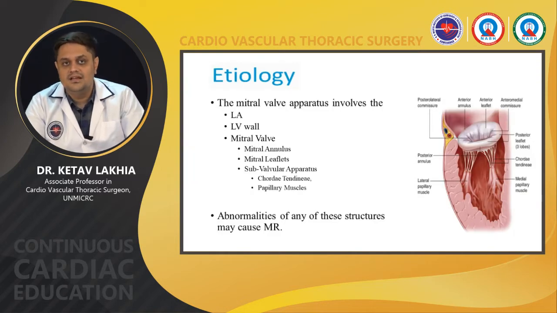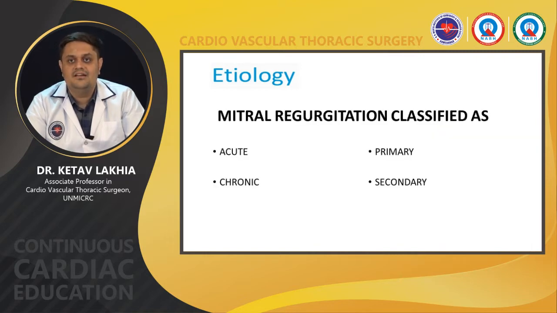So in the etiology of mitral regurgitation, any of the mitral valve apparatus components may be involved. Abnormality of any of the structures of the mitral valve apparatus, what we have seen earlier, can cause MR. Mitral regurgitation can be classified as acute or chronic, or primary or secondary.